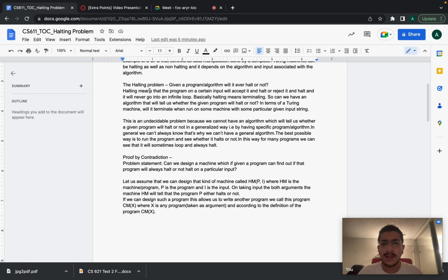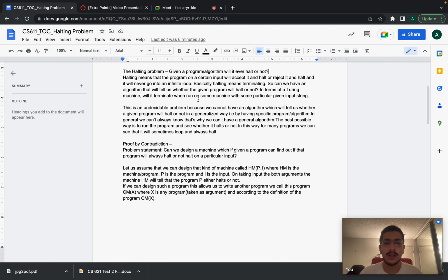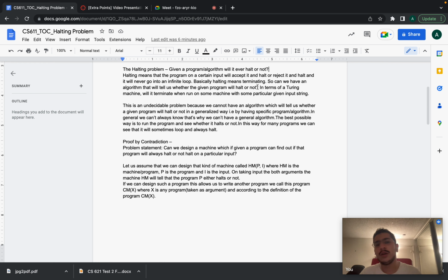Halting means that the program on a certain input will accept it and halt, or reject it and halt, and it will never go into an infinite loop. Basically, halting means terminating. So the question that arises is, can we have an algorithm that tells us whether the problem will halt or not?